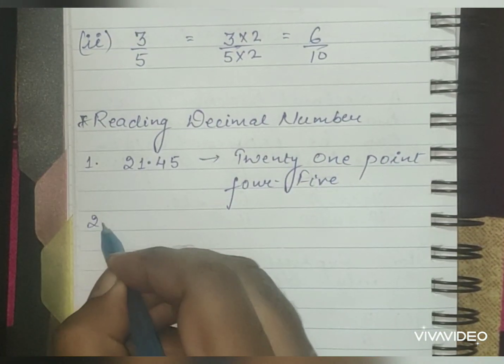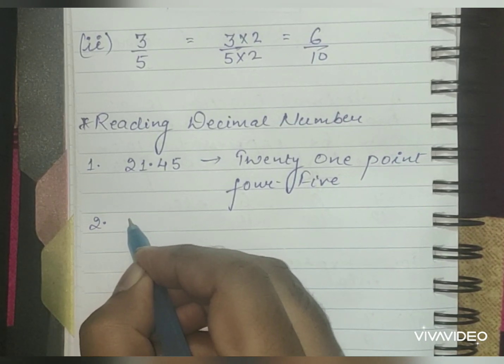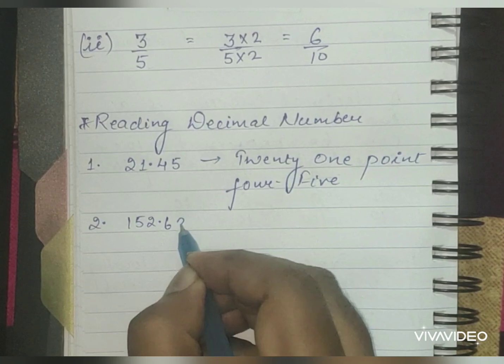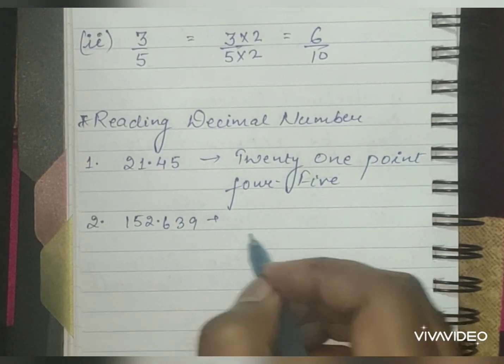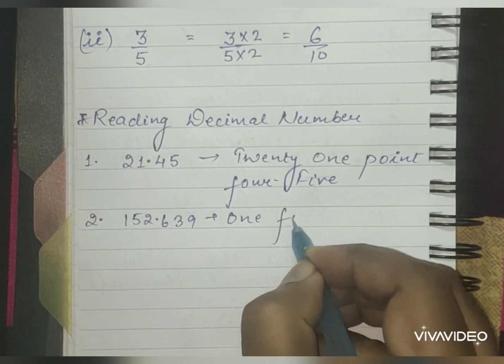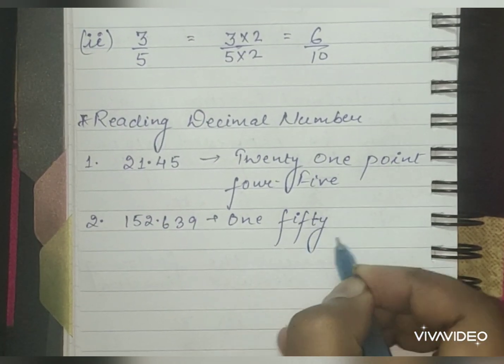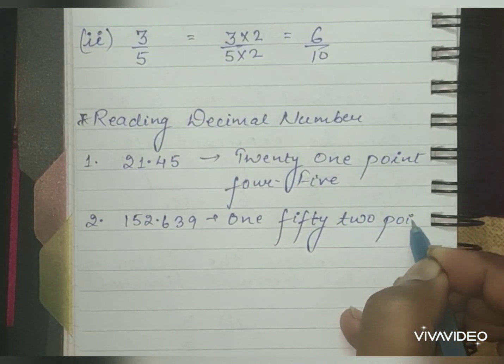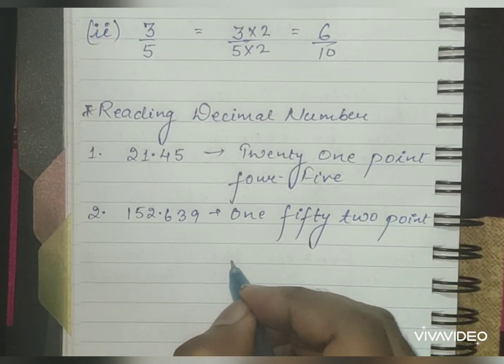Let's see the second one. For example, 152.639 is written, and how to read it? 152.639.